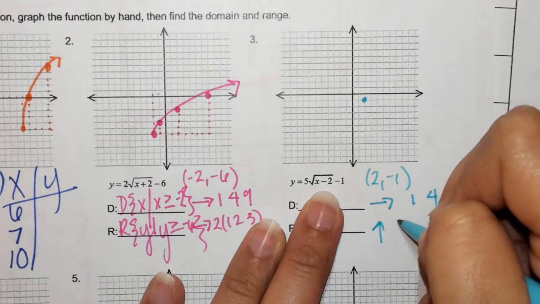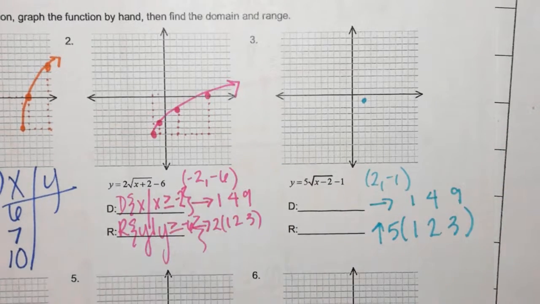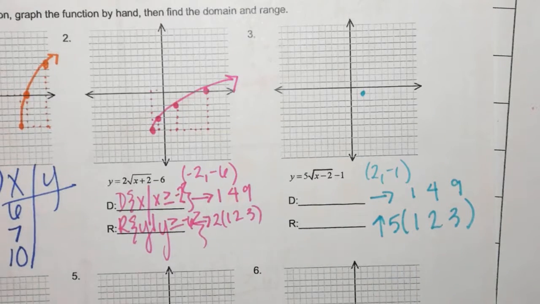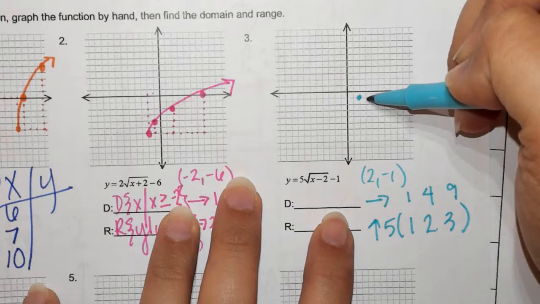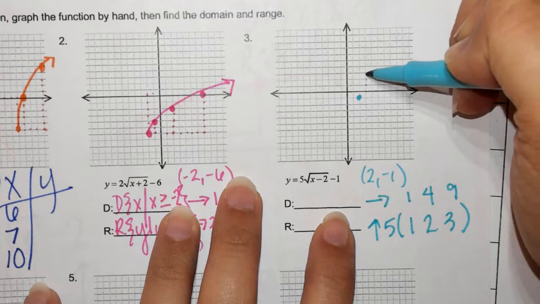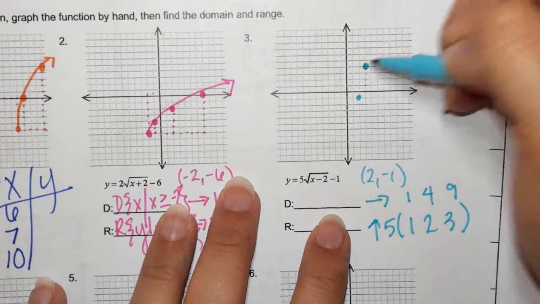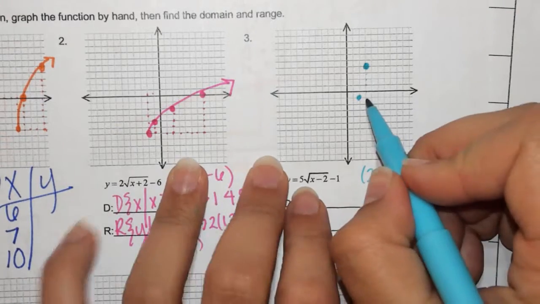And then we're going to go up 5 times 1, 2, 3. And if you need to write that every time, do it. There's no judgment. So we're going to go right 1 and then up how many? 5. Okay, and then I'm going to go right 4, up how many?